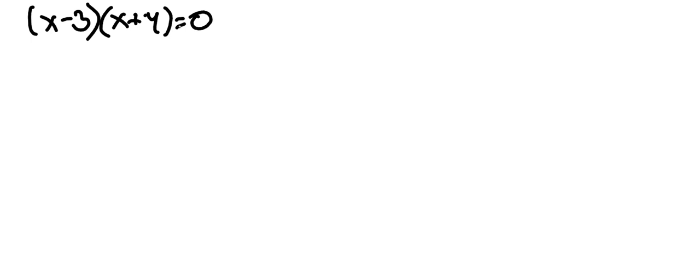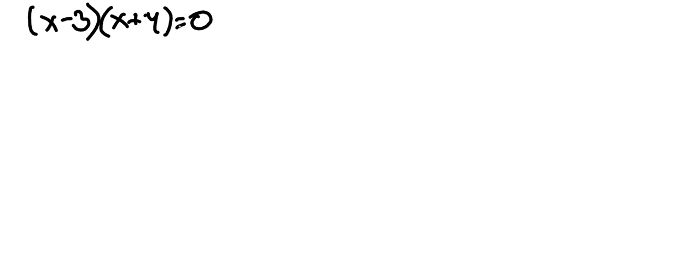So first, let's suggest this. x minus 3 times x plus 4 equals 0. Now, how do you solve this?